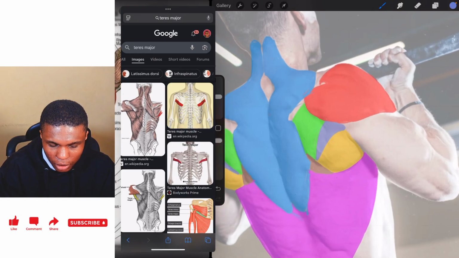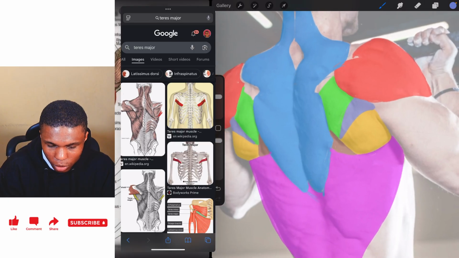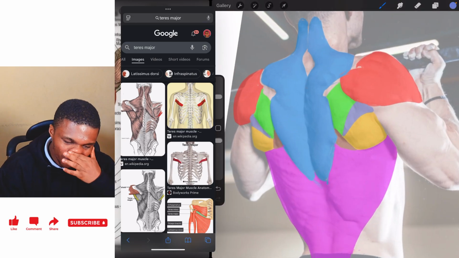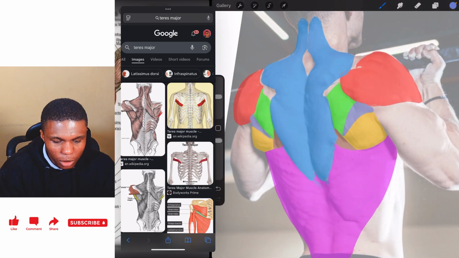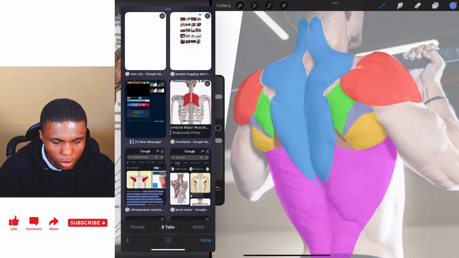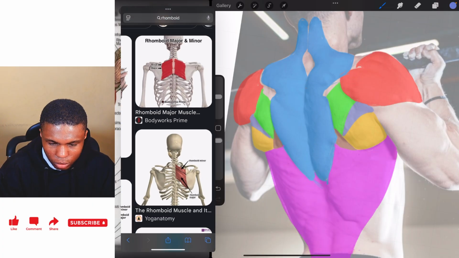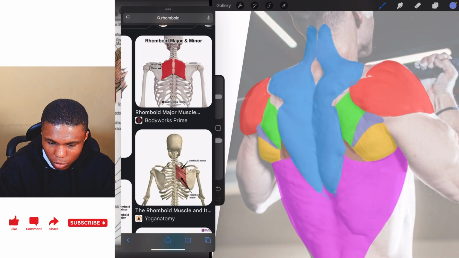Because of the lats and the rhomboid itself. The rhomboid is the muscle in brown. So because of that overlap, it's not telling the full story of the teres major, and because of the trapezius muscle, it's not telling the real story of the rhomboid. The rhomboid is the muscle in brown, that little triangle over there.